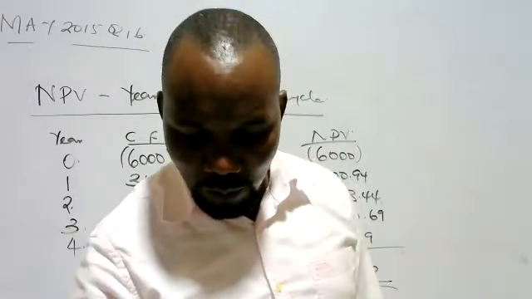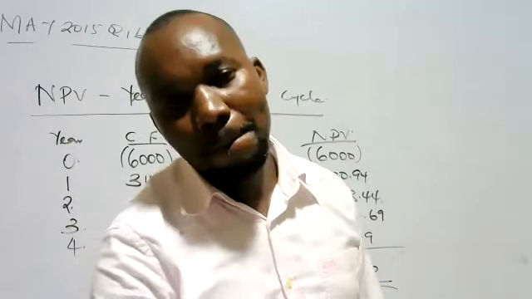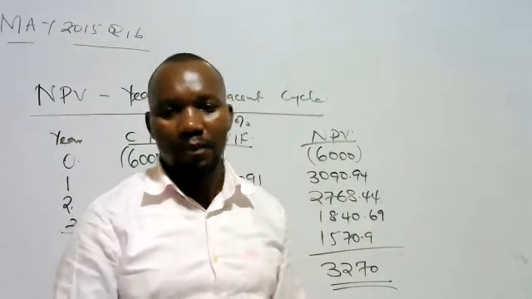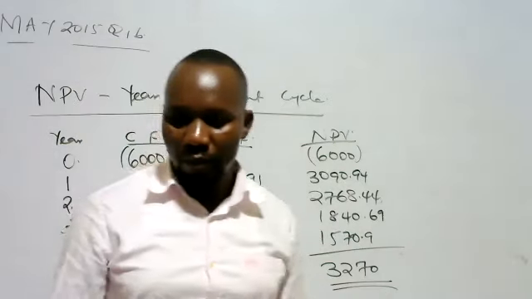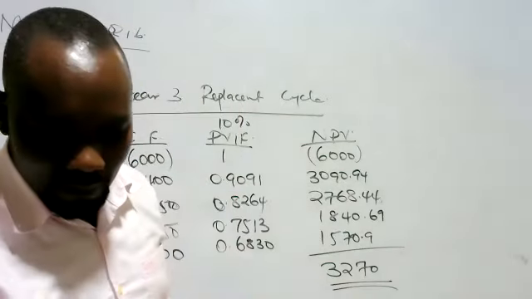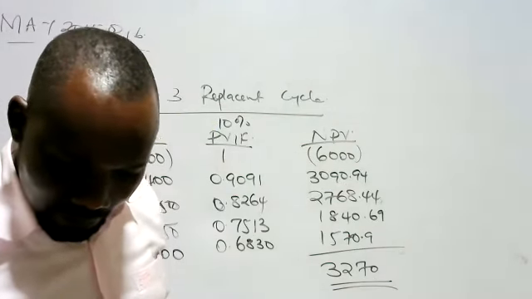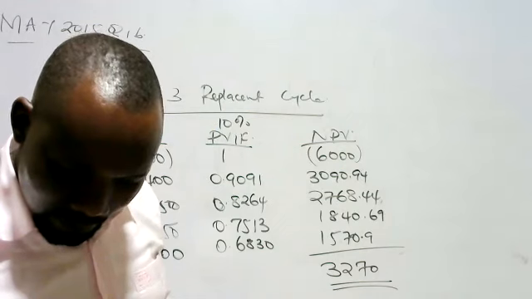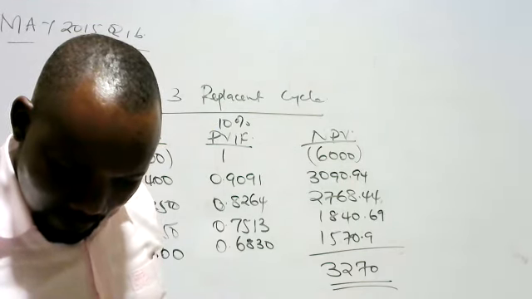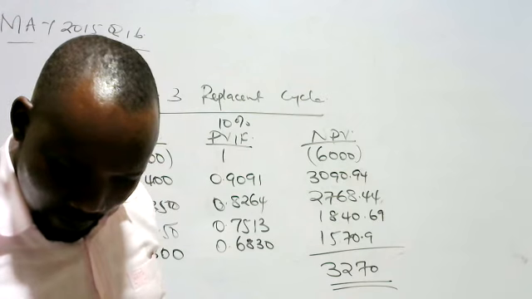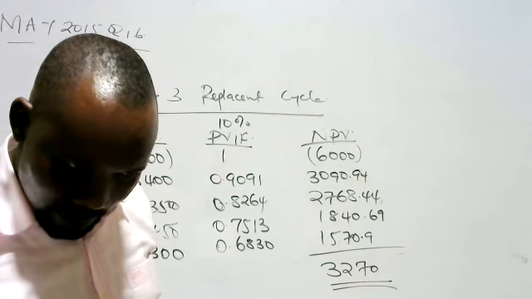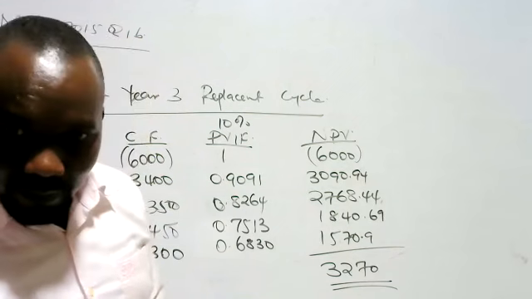Professor, what did we do? That is the last part, and then we go. We take the year that has the highest NPV when it is positive, but when it is negative, we take the year that has the least negative value.